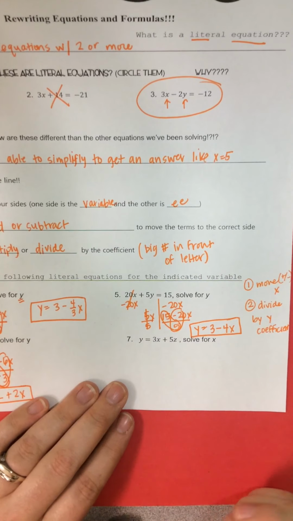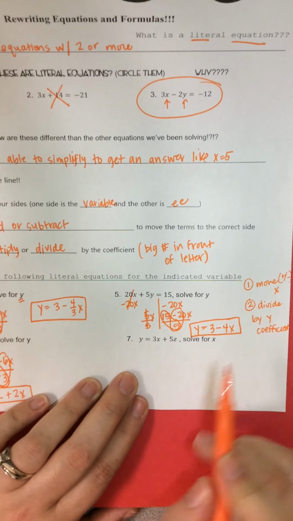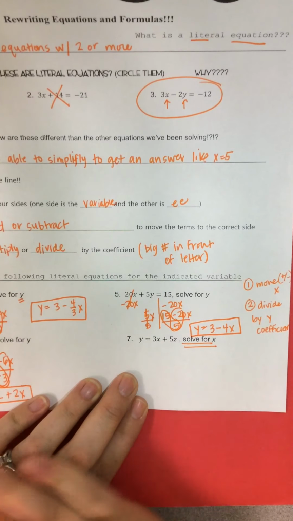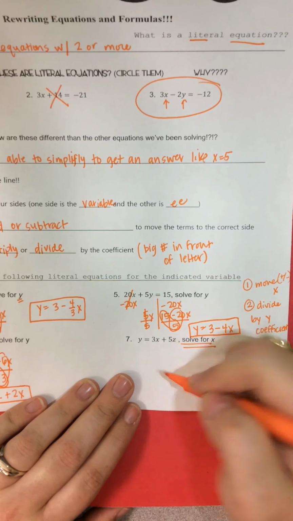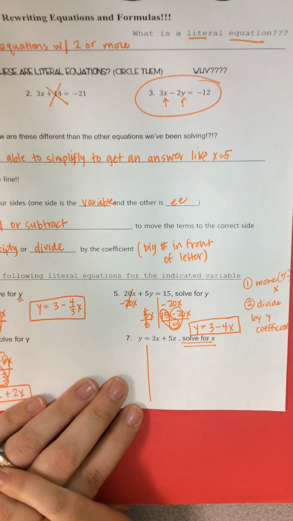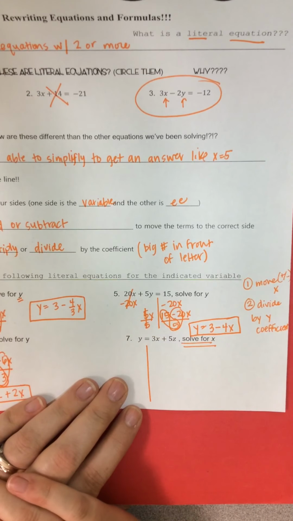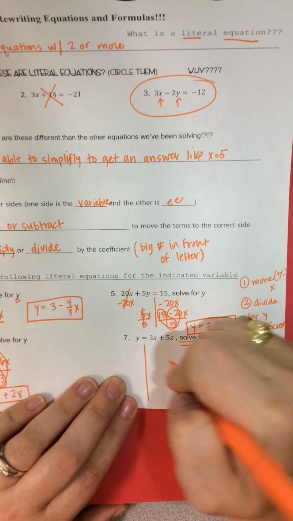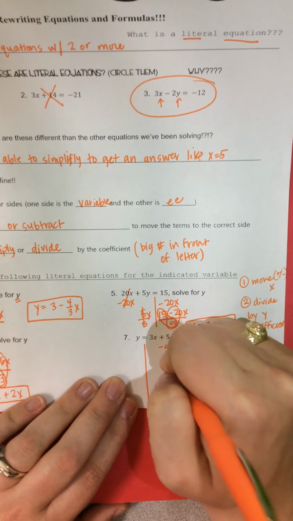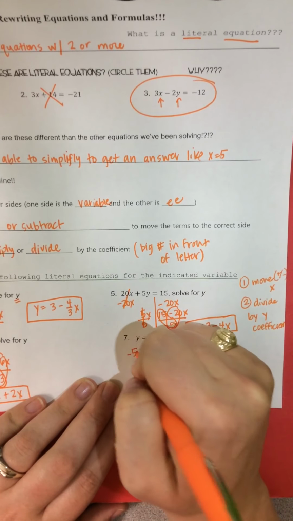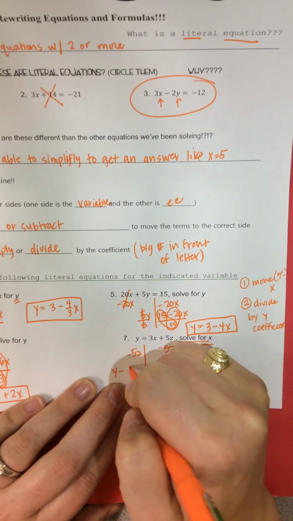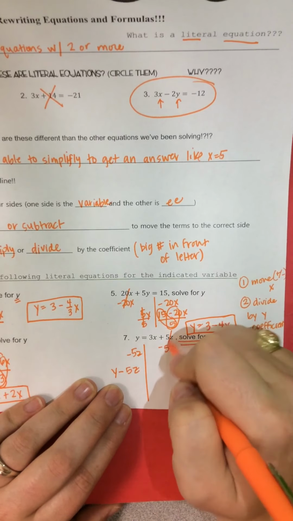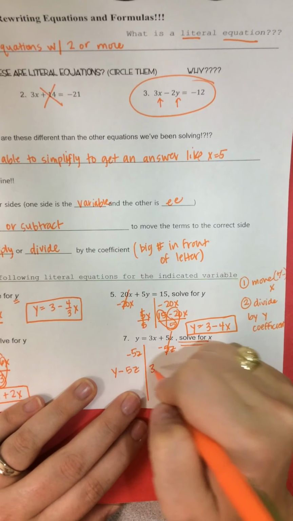Last one before you are ready to start. We want to solve for x. So we're going to move stuff to solve for our x. We want to draw our line. We're going to put our x's there. All these were solved for y, so it's going to throw you for a loop. We need to get rid of the z because it's not an x. So minus 5z, minus 5z. They do not match. One is a y and one is a z, so we write them out. We still have our 3x on this other side.